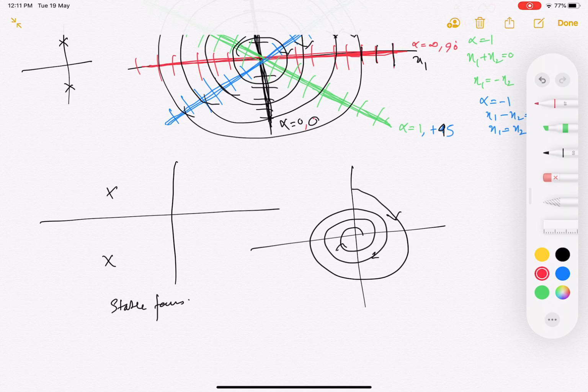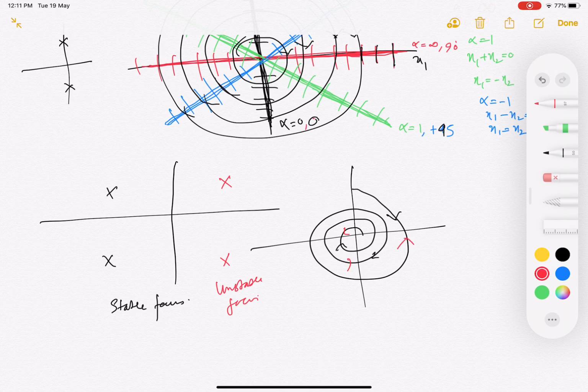If you have an unstable focus, if your focus is like this, unstable focus, these are linear systems, please remember, right? That's why we are able to draw the poles so easily. If you have an unstable focus, you'll have the same spiral, but now the directions would be outward, because these are increasing oscillations, right?